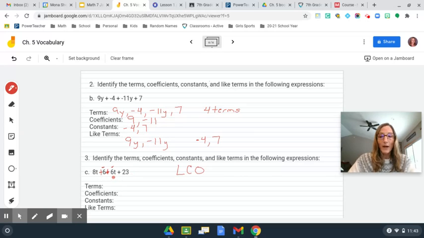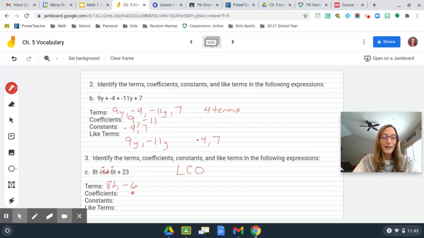The reason why is because now when we go to talk about our terms and our coefficients, we want to make sure that we identify it correctly as a positive or a negative value. So let's talk about the terms here. We've got 8t, that's a term. We have now negative 6, that's a term.